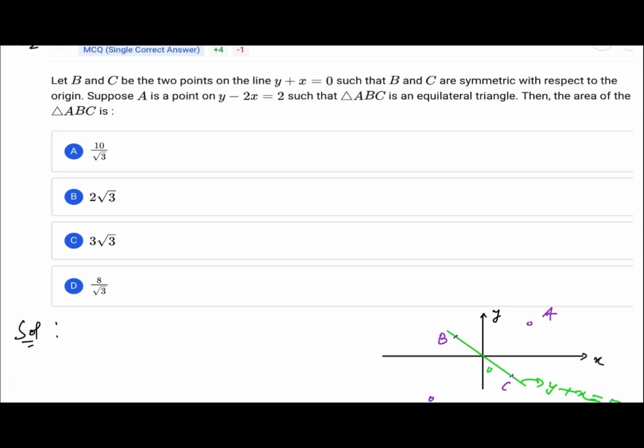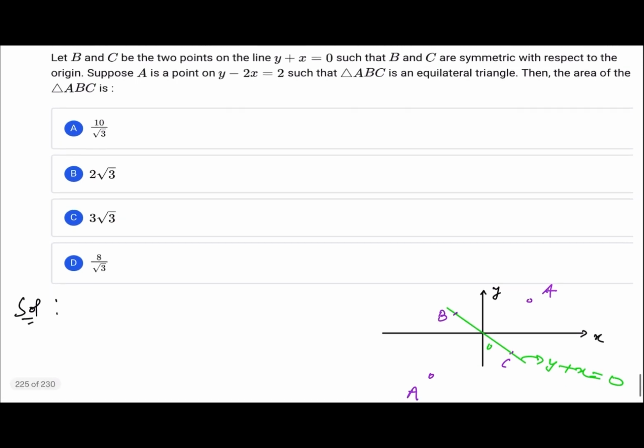So you can take A here or A here, but in the question it is also given that y minus 2x is equal to 2 is the line containing vertex A. So here I can see x-intercept is negative and y-intercept is positive, so the line will go this way, or you can say this is the line of y minus 2x is equal to 2, and AO is the perpendicular bisector, right?